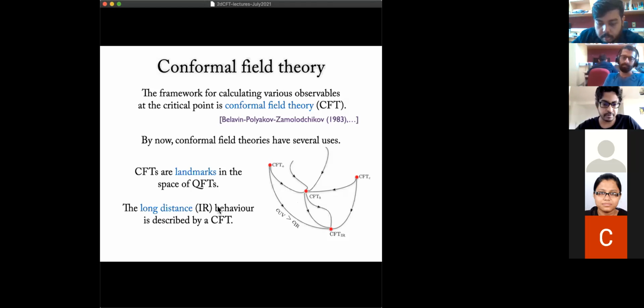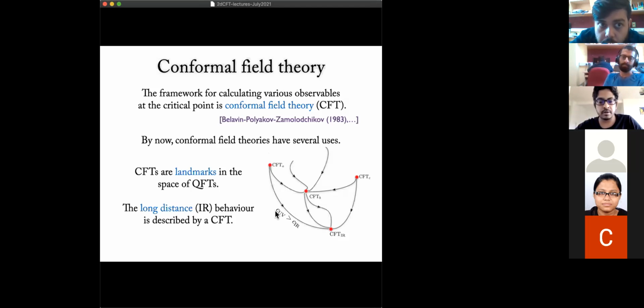And the universal feature is that the long distance, or IR, behavior is usually described by a conformal field theory. So usually theories flow to an IR fixed point, which is described by a CFT, and in the ultraviolet as well, one can find fixed points which are described by CFTs.